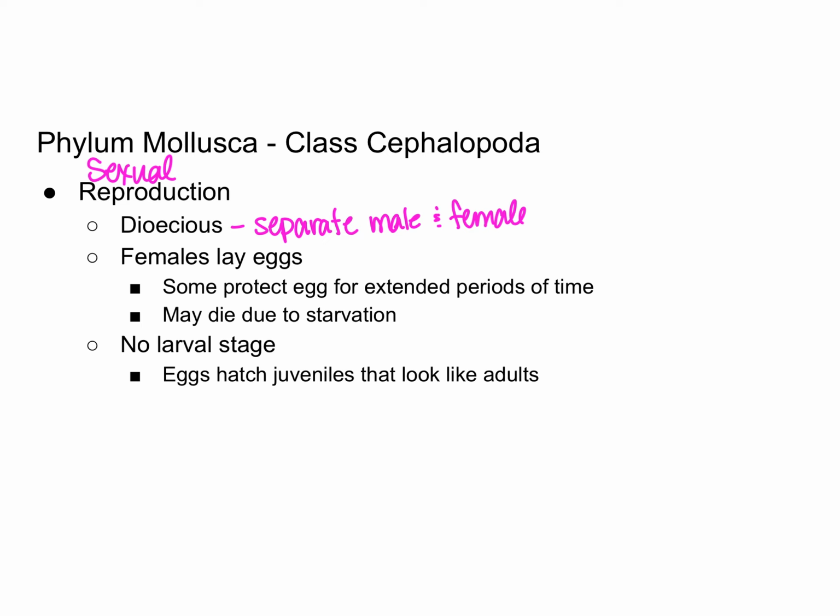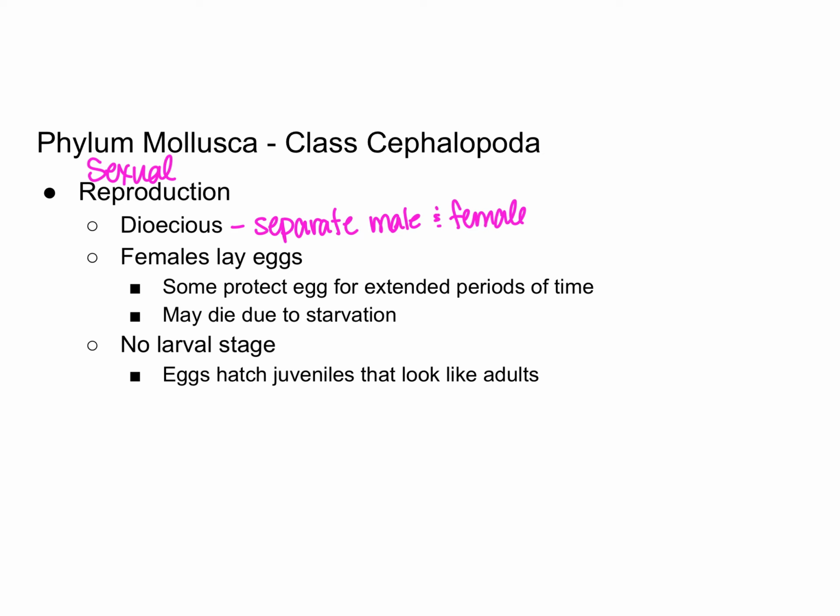And if they do so, they might actually die due to starvation. So there are times when, for example, an octopus might lay eggs, and that's actually going to be the end of her life. She will protect those eggs as long as she can, but eventually will die because she's not able to feed while she's protecting them.